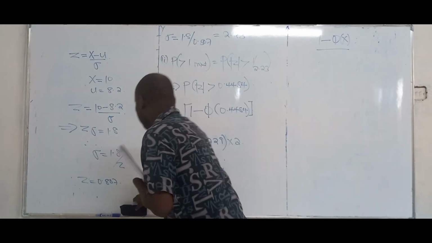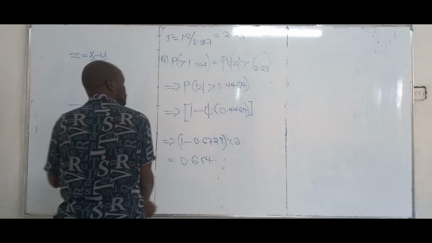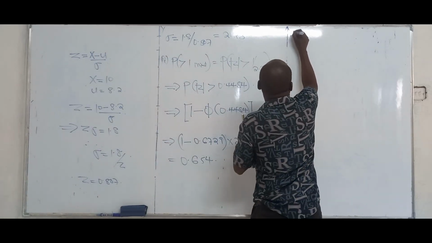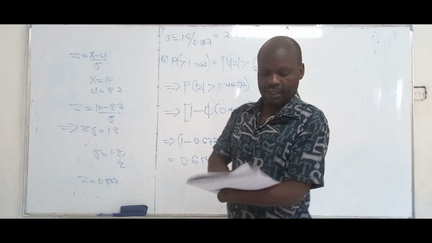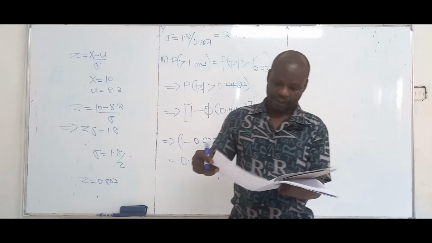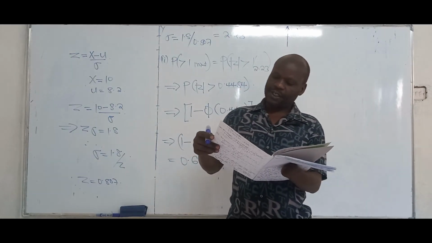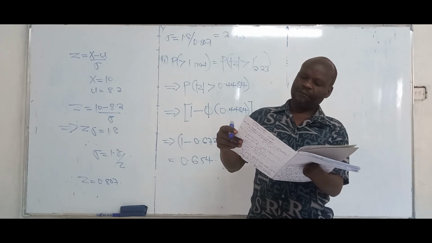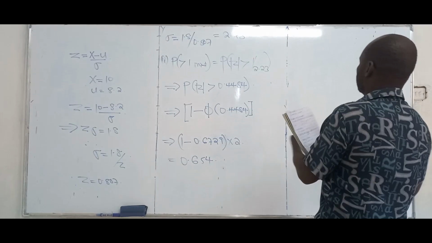Then the third Roman numeral, 3, is asking me to find the probability that of 6 randomly chosen people, more than 2 have visits lasting longer than 10 minutes.